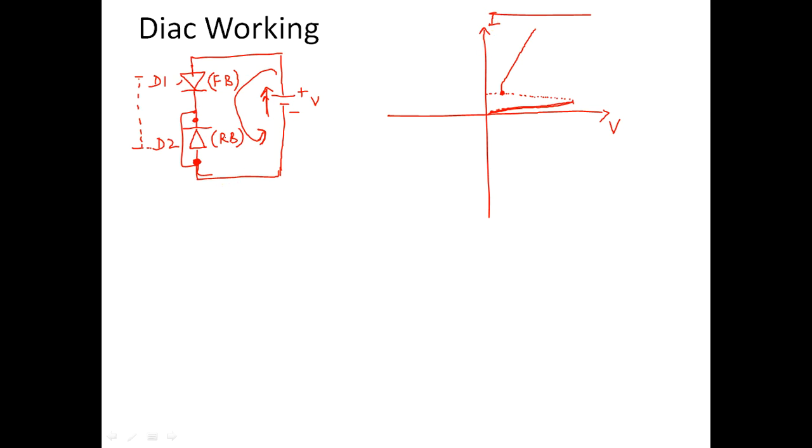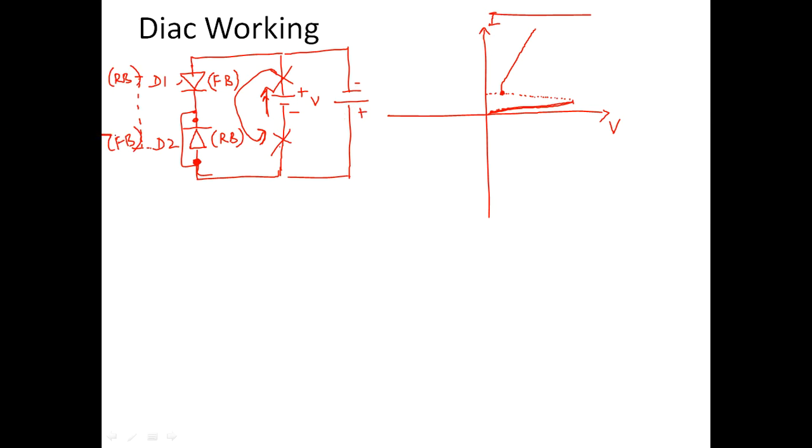Now the same thing can also be done the other way. What if I reverse the polarity? Instead of applying the battery in this way, I'll apply the battery in a reverse way, so now it is like this: negative, positive. In such a case, diode D1 will be reverse biased and diode D2 will be forward biased.